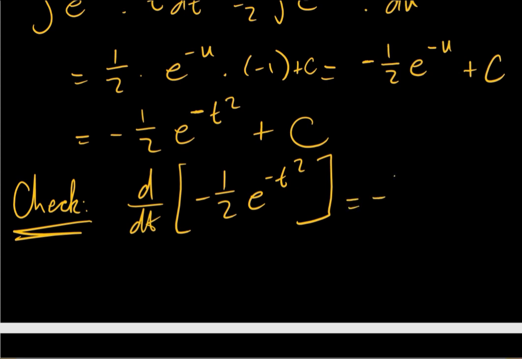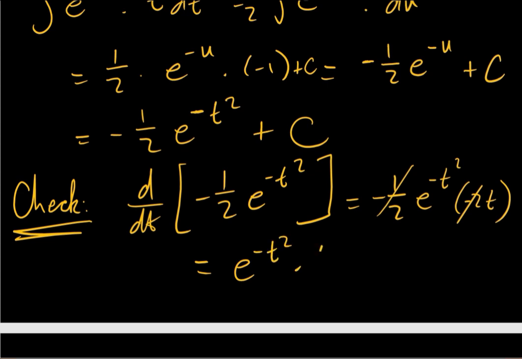Well, the negative half stays there. E obviously stays there to the minus t squared, but then we must take the derivative of minus t squared, which is minus 2t. So the minus 2 and the half cancel out, and we're ultimately left with e to the minus t squared times t, which is exactly what our problem was from the beginning.